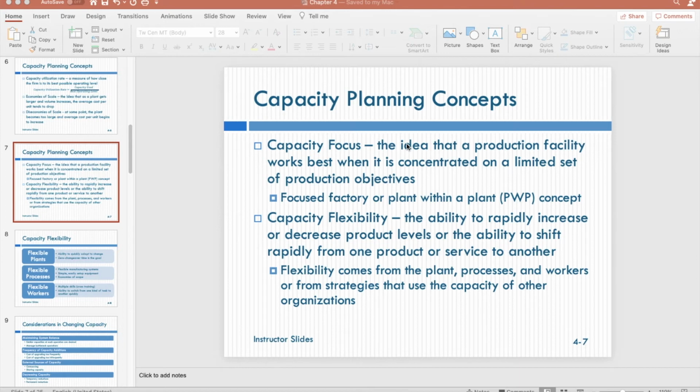Next one is called capacity flexibility. Since this is related to flexibility, you can even imagine that, right? Basically, if we can rapidly increase or decrease production level, that'd be good because we do the forecasting of the market demand, right? We know that the market demand can fluctuate during this procedure.